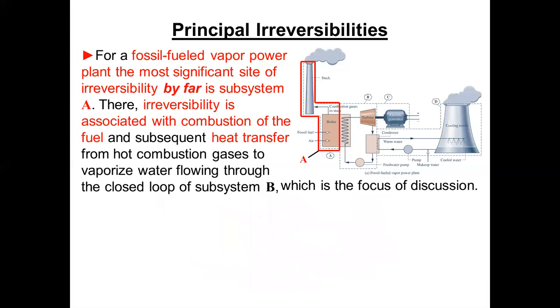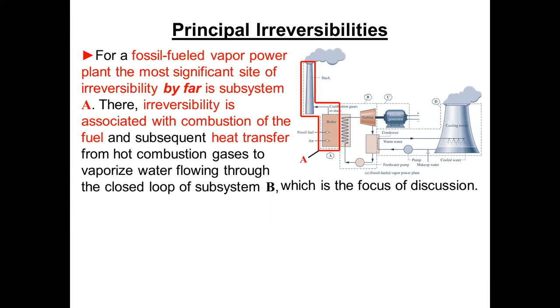Okay, so for our typical coal-based or natural gas-based Rankine cycle, which is depicted over there, the most significant irreversibility is in subsystem A, which has to do with the irreversibility of combustion and the heat transfer.